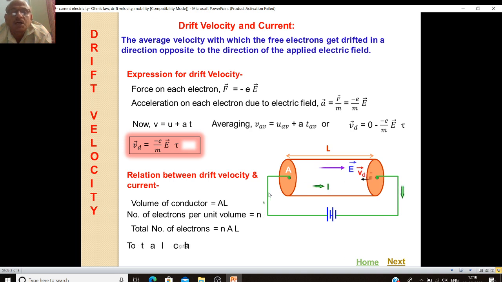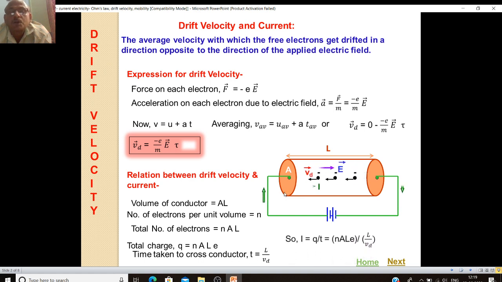The charge on an electron is e, so total charge Q equals nALe. Time taken to cross the conductor t equals length by velocity. Now I equals Q by t, so Q equals nALe by L by Vd. This L and this L get cancelled, so I equals neAVd.